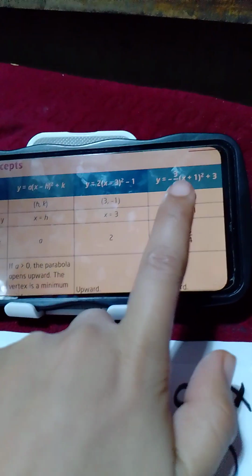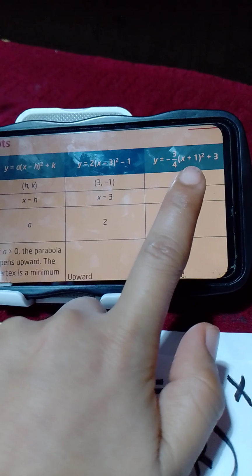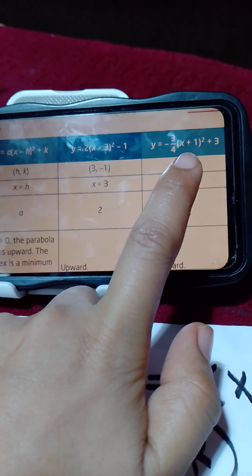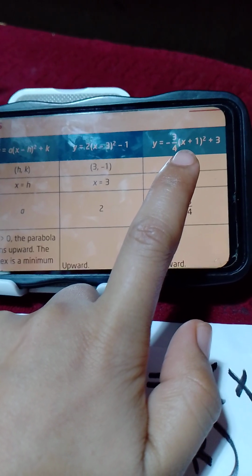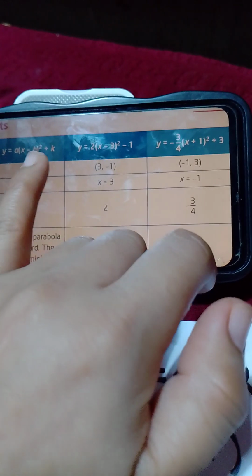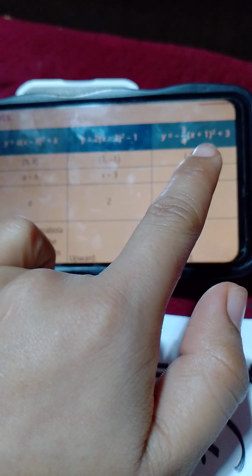So next example, we have this one. y equals negative 3/4 times (x plus 1) squared plus 3. So we have here our h as positive 1 in the expression. Since the formula has a subtraction operation, we will change this from positive 1 to negative 1.